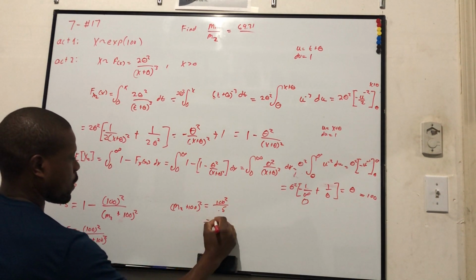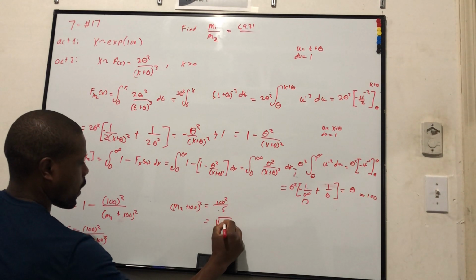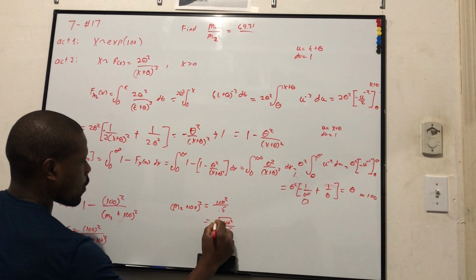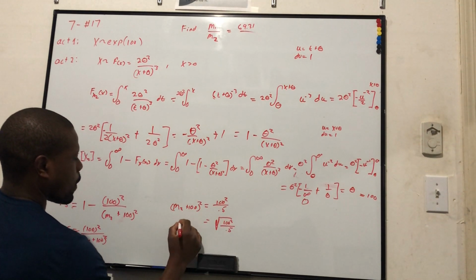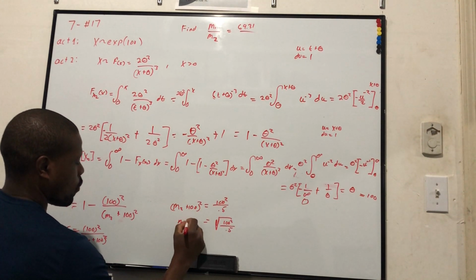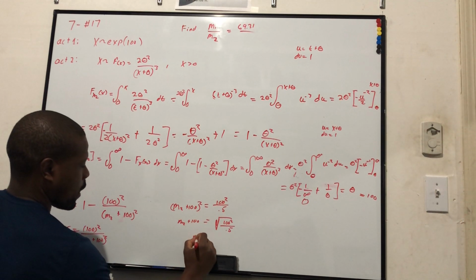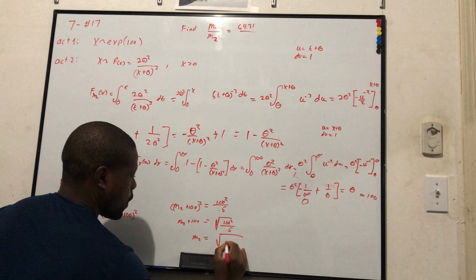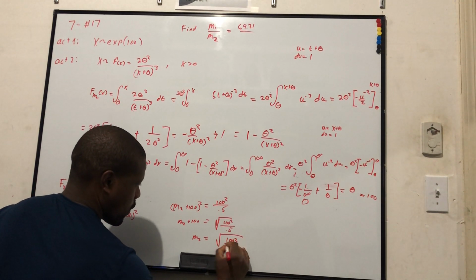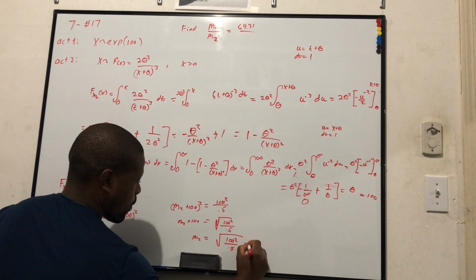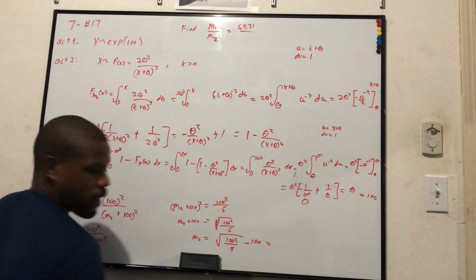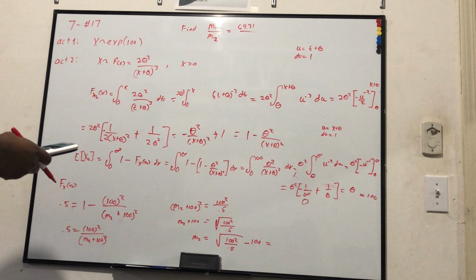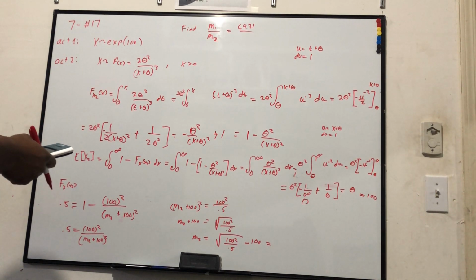And then I can square root all of that. That will give me m2 plus 100, and m2 should equal the square root of 100 squared divided by 0.5 minus 100. And let's see if I can do this in my handy dandy calculator and that I actually did it correctly.